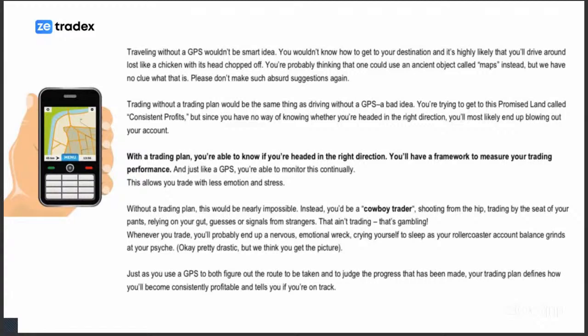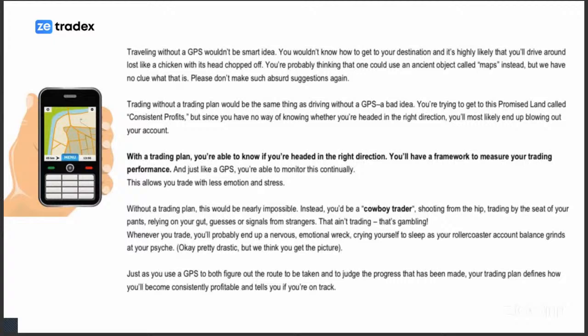Trading without a trading plan would be the same thing as driving without a GPS. It's a bad idea. You're trying to get to the promised land called consistent profits, but since you have no way of knowing whether you are headed in that direction, you most likely end up blowing out your account, which is an abysmal move, because with a trading plan, you are able to know if you're headed in the right direction.